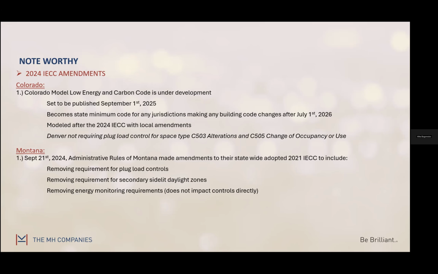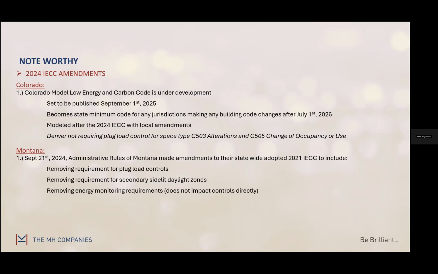There was a bill passed a couple of years ago that mandated that any jurisdiction in Colorado, if they were to update or modify any of their building codes, not necessarily lighting or energy code specific, would have to adopt one of the three latest energy codes, which at that time was the 2015 IECC, 2018, or 2021.